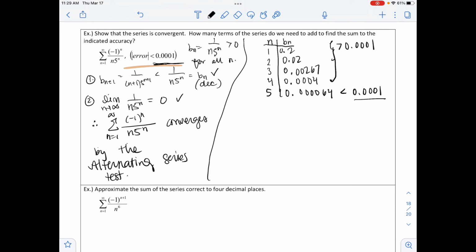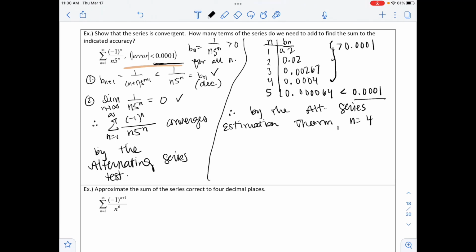And so, therefore, by the alternating series estimation theorem, as stated at the bottom of the previous page, n is equal to 4.